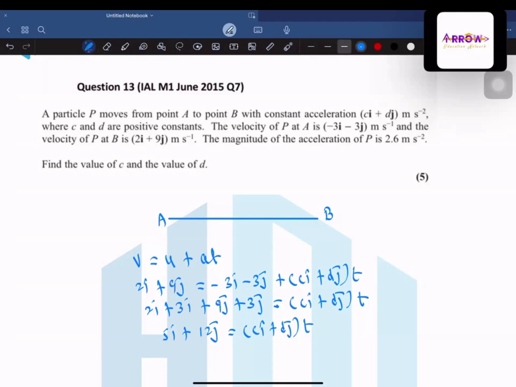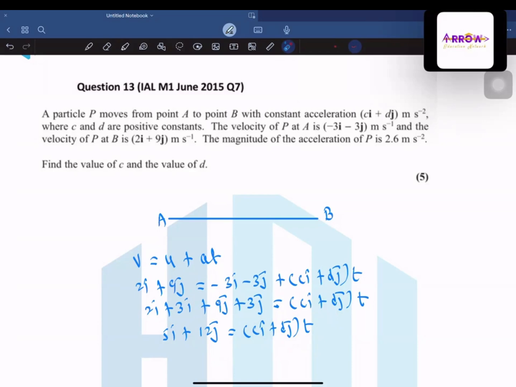As you know, t is a scalar quantity, right? Time is a scalar. So this t can be treated as a scalar multiple. If anyone sees this equation, they would say that this vector 5i plus 12j is a scalar multiple of this vector ci plus dj, isn't it?